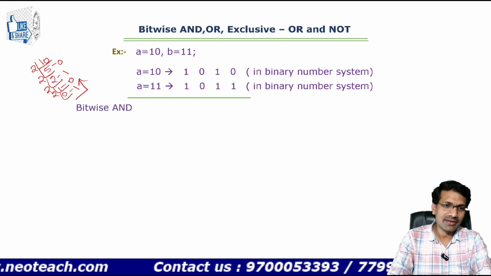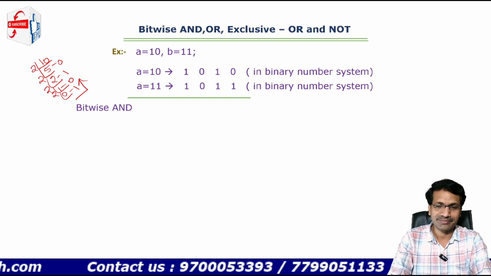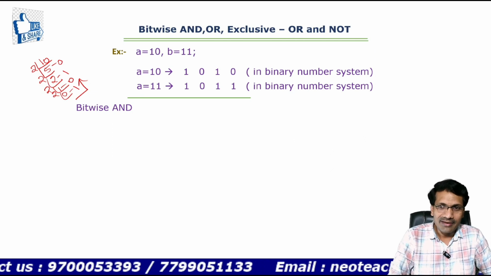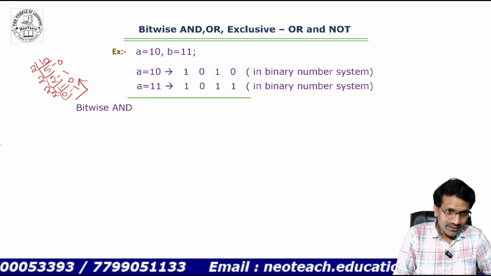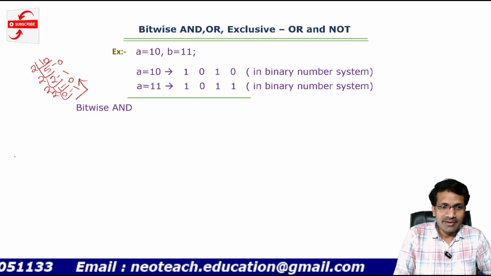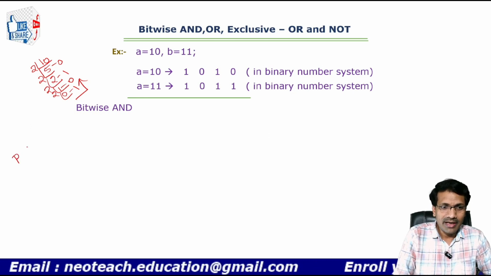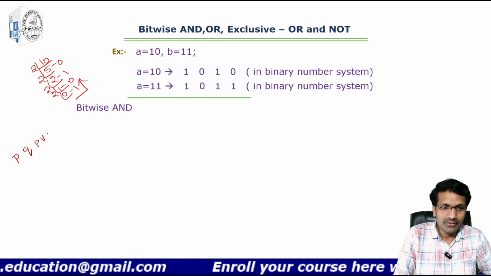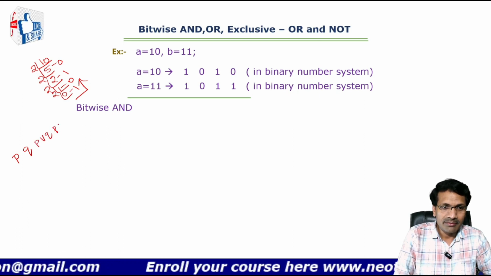First we will take the bitwise AND operation. Before discussing it, I will explain one thing here. Simply take the statements P and Q. Now we will take P or Q and P and Q, as in mathematics.